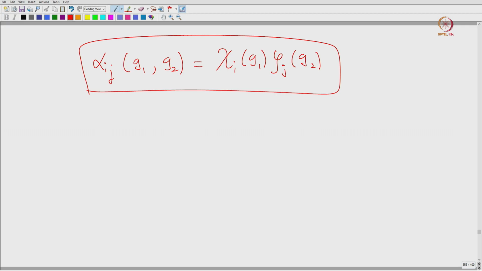Okay, in order to prove these are all the irreducible representations of G1 cross G2, we need to prove two things. One is that the alpha ij are all group homomorphisms, so in particular they define one dimensional irreducible representations of G1 cross G2, and whenever alpha ij equals alpha kl, then the pair ij is the same as the pair kl.